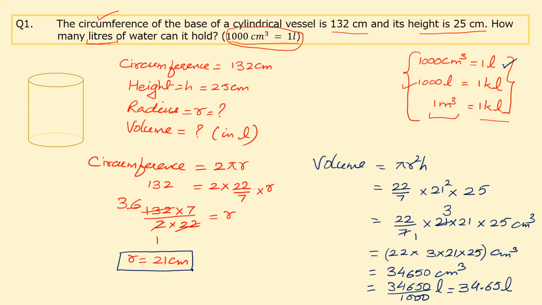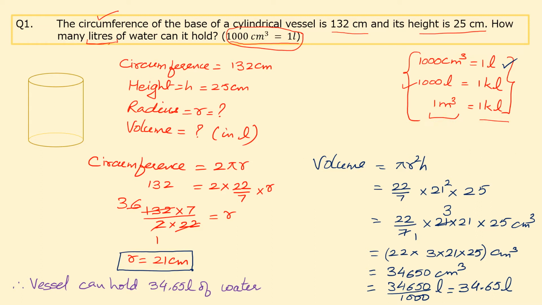Please write the therefore statement also. Therefore, vessel can hold 34.65 liters of water. It's always a good practice to write the therefore statement. Now let's move to question number 2.